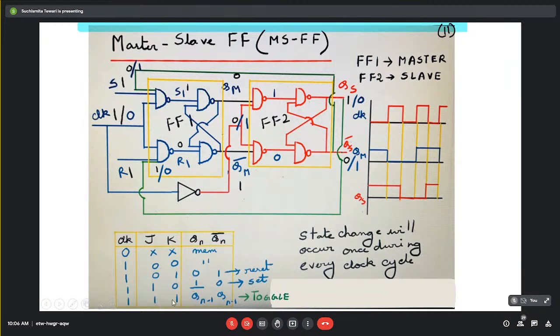And when both are 1, it will actually give the complement of the previous state. So I'm just writing Qn plus 1, which is the present state, being the complement of the previous state, Qn bar. So this is the entire characteristic table of a JK flip-flop.